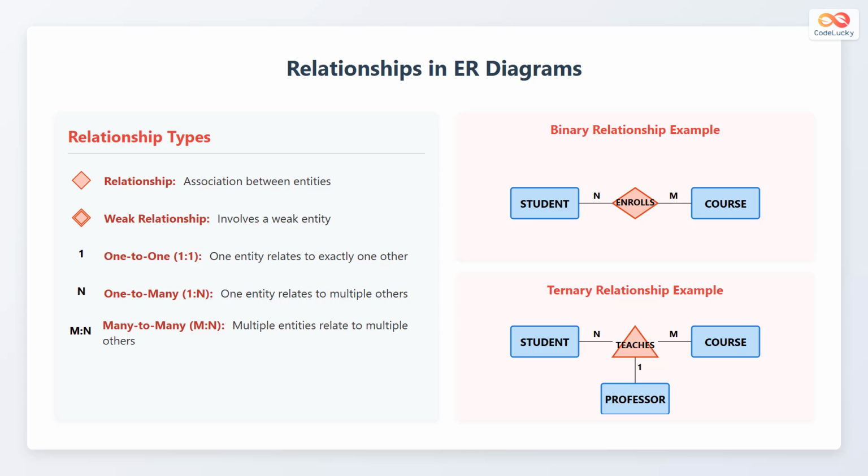Relationships also have cardinality constraints. 1-to-1 indicates that one entity is related to exactly one other entity. 1-to-many indicates that one entity can be related to multiple entities, and many-to-many indicates that multiple entities can be related to multiple other entities. Relationships can be binary, involving two entities, or ternary, involving three entities.